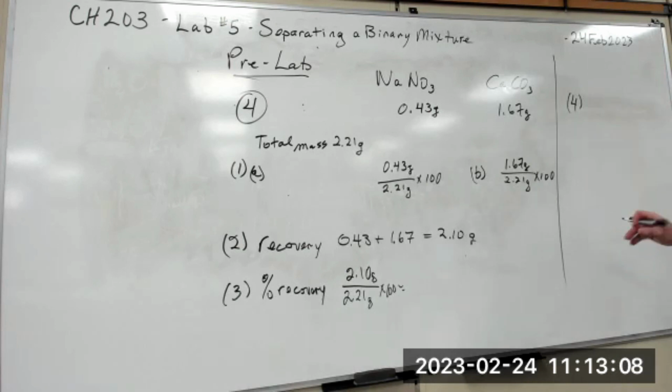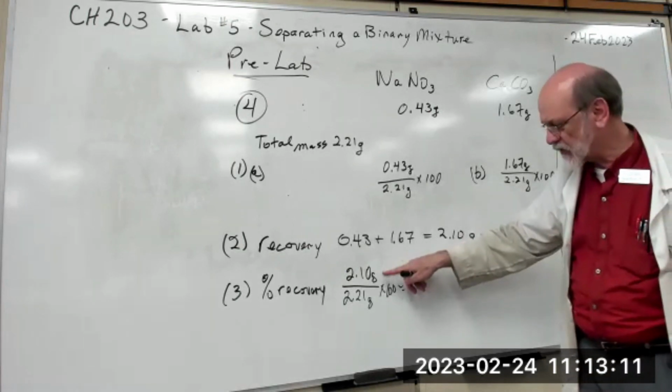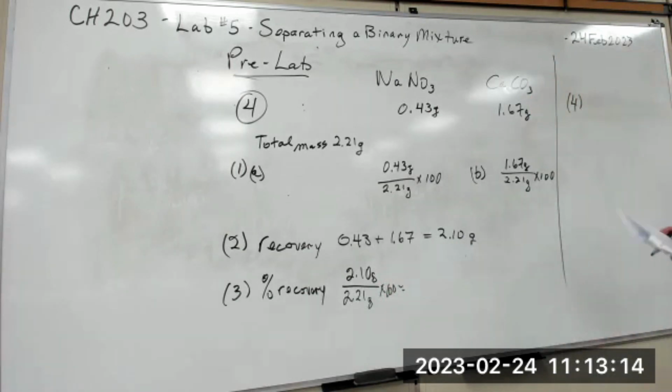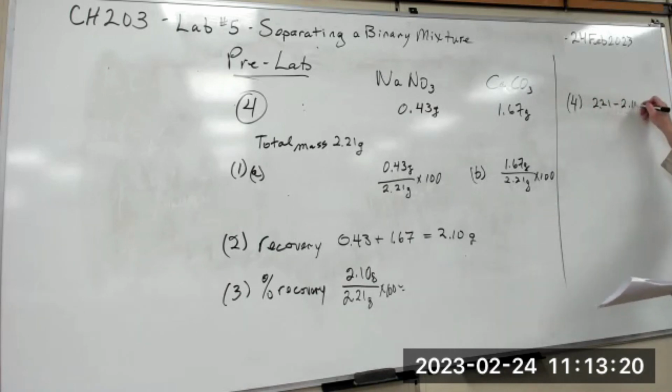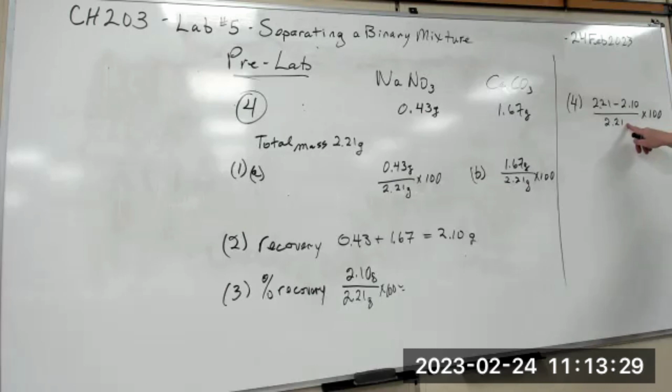The percent error is the percent difference between these two numbers. So we started off with 2.21 and we ended up with 2.10, times 100. That's the expected value and the actual value. So that'll give you a percentage recovery. I think all those calculations are ones that you'll be doing for this experiment. That's it. Those are the pre-lab questions.